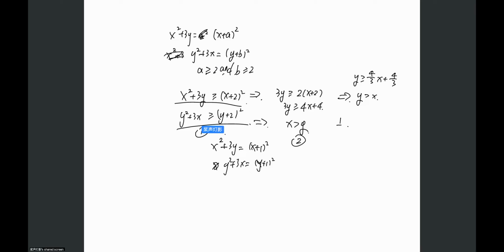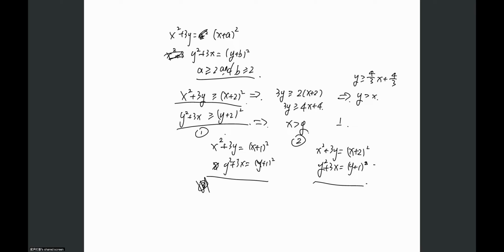And the second case is where one of them, I just let it be x, so x squared plus 3y equals x plus 2 squared, and y squared plus 3x equals y plus 1 squared. And the third case is both equal to x plus 2 squared. If both take the equal sign, it cannot be true, and only these two are possible.